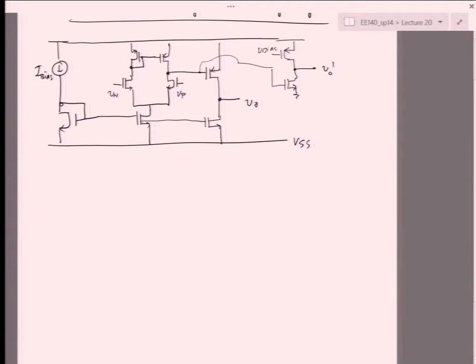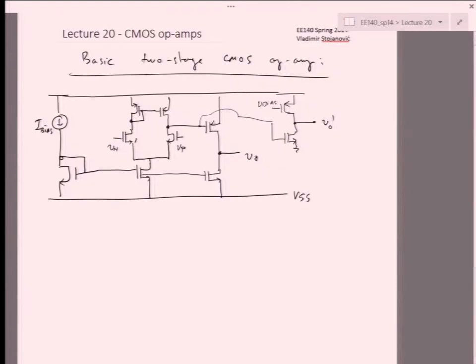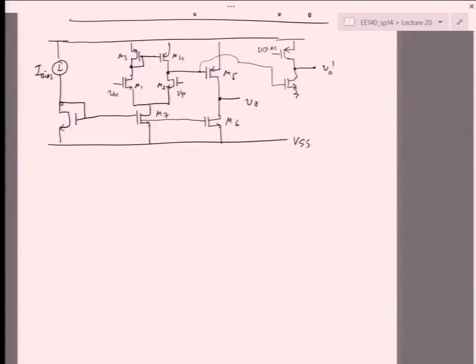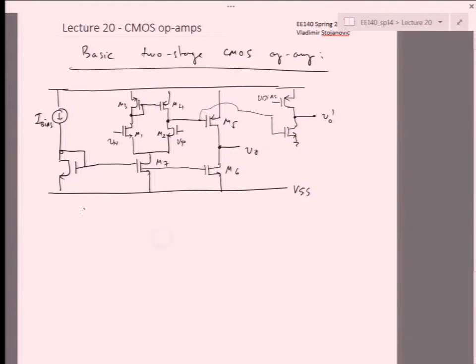For now, let's just focus on this part over here. We're going to label the transistors as M1, M2, M3, M4, M5, M6, M7. We're going to analyze first just the DC conditions and gain. We're not going to show where compensation is and what happens when you put this in feedback.